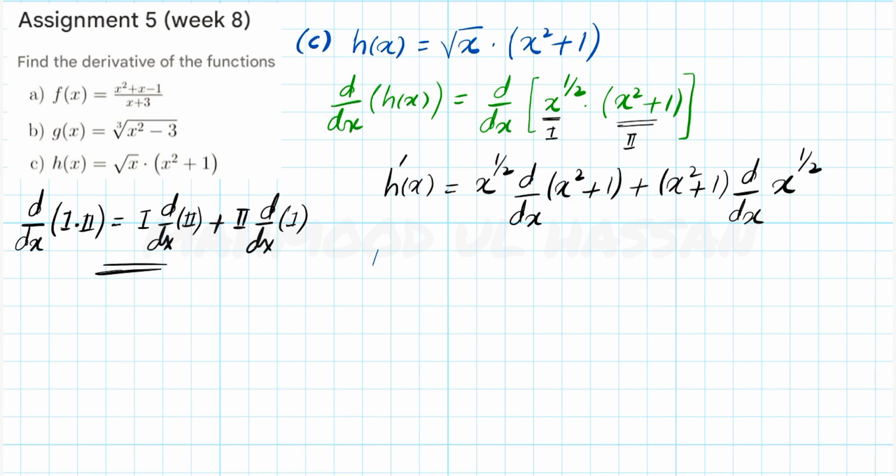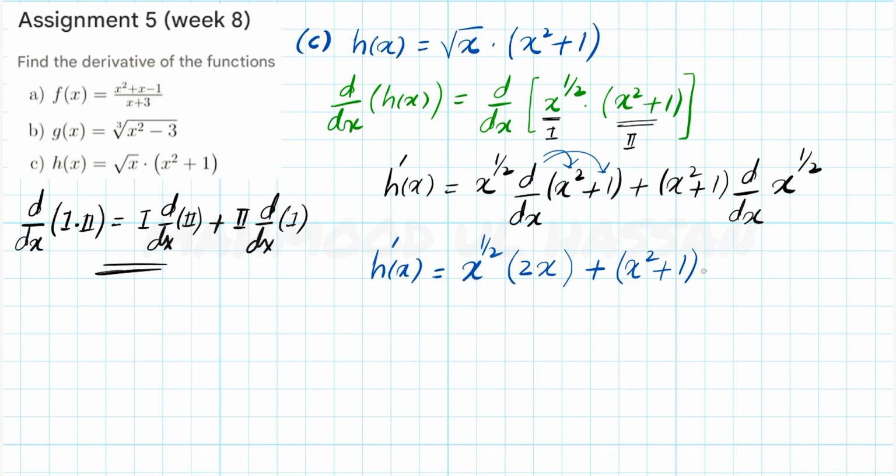Okay, now here we have h prime of x is equal x to the power 1 by 2, and now here we are going to apply the sum rule, the derivative of the first term plus the derivative of the second. So the derivative of the first term is going to be 2x, and the derivative of 1 would become 0. And then plus here we have x squared plus 1, and now we will take the derivative of x to the power 1 by 2.